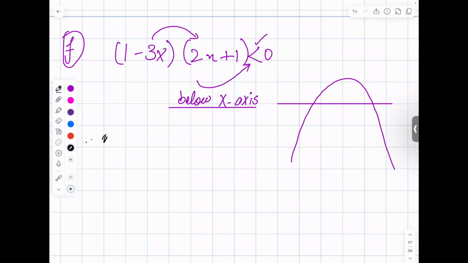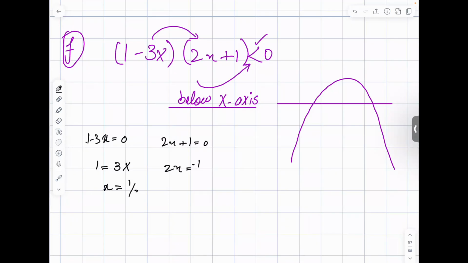So it's 1 minus 3x is equal to 0. 1 is equal to 3x. 2x is equal to negative 1. x is equal to 1 by 3 and x is equal to minus 1 by 2. So obviously minus 1 by 2 would be here and 1 by 3 would be here.